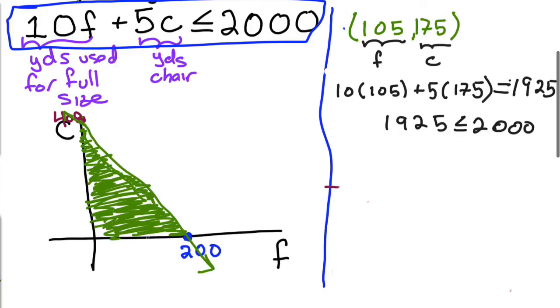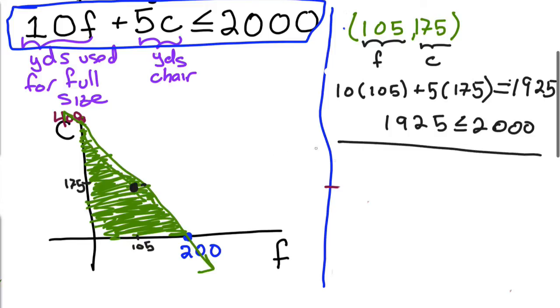So what this looks like is that it would be inside of this shaded area. Let's just say right about there, right? So 105 and then 175. That's inside of the shaded area. And that means that I would be able to build 105 full-size hammocks and 175 chair-size hammocks.